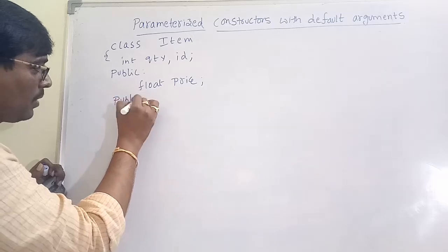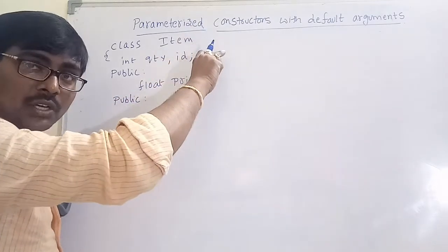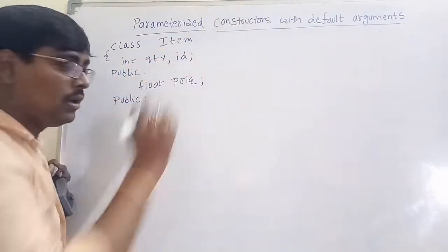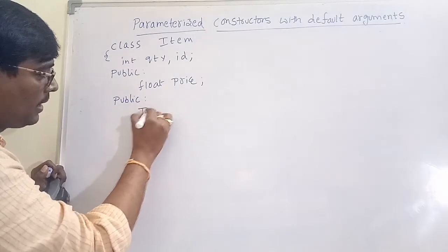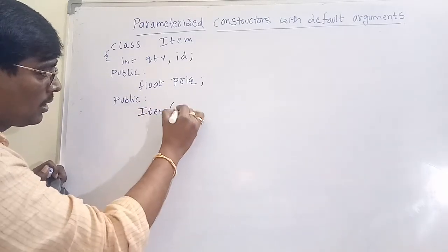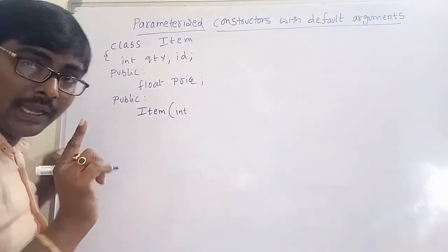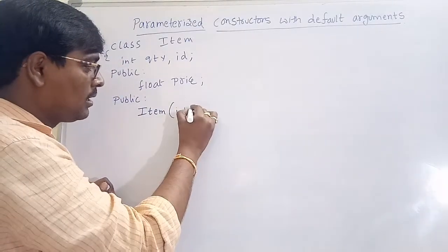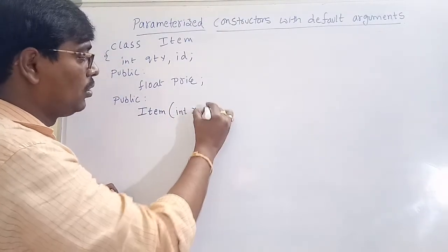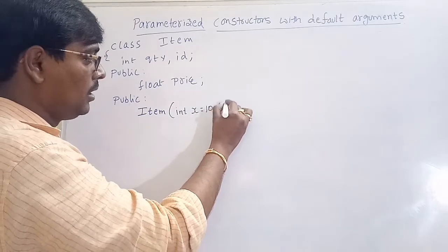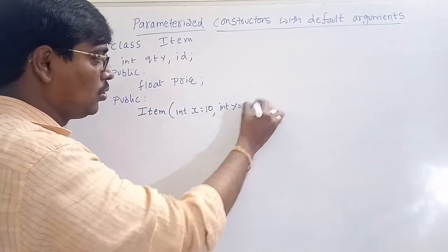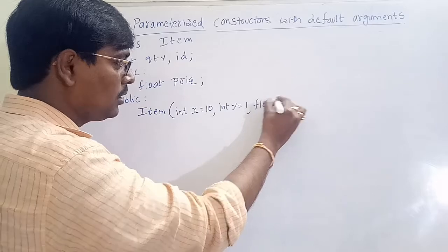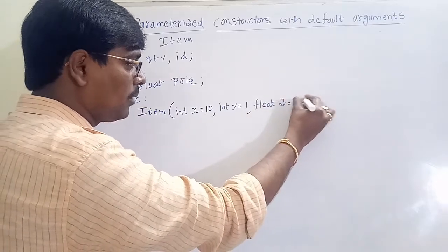Now I am defining a parameterized constructor with default arguments. So see, item of int x is equal to 10, int y is equal to 1, float z is equal to 100.0.